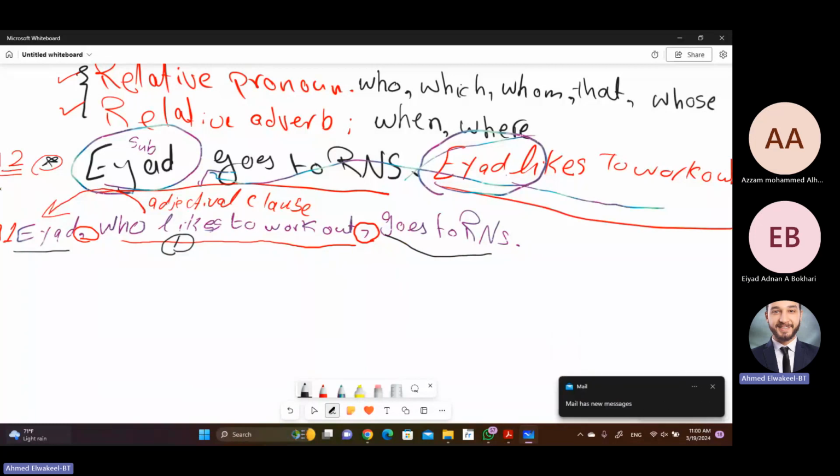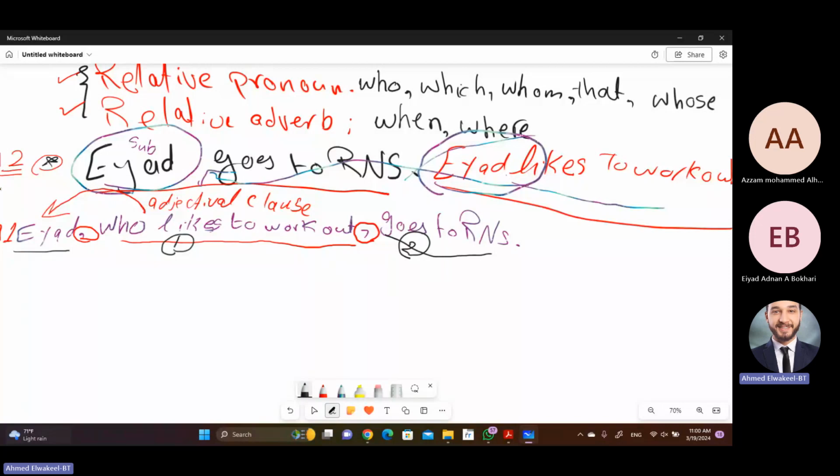So I have now two clauses. What's the main one? "Iyad goes to RNS." That's the one that gives the full information, so we call it an independent clause. And the second one, "who likes to work out." Can it stand alone? No. It can't stand alone. Consequently, we call it a dependent clause.